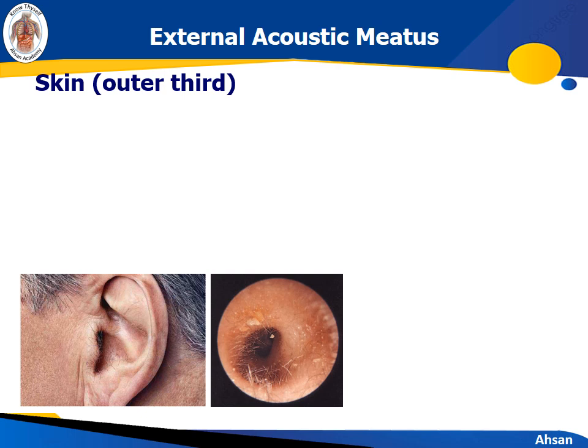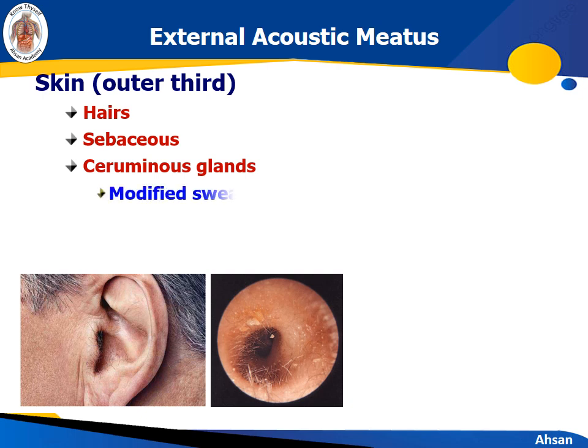The skin of the external ear, the outer third, is hairy and contains many sebaceous as well as ceruminous glands. The ceruminous glands are modified sweat glands. They produce some sticky secretions. These secretions are yellowish in color, and we name them wax.